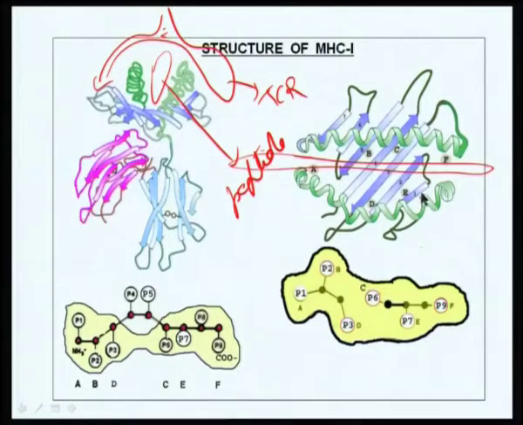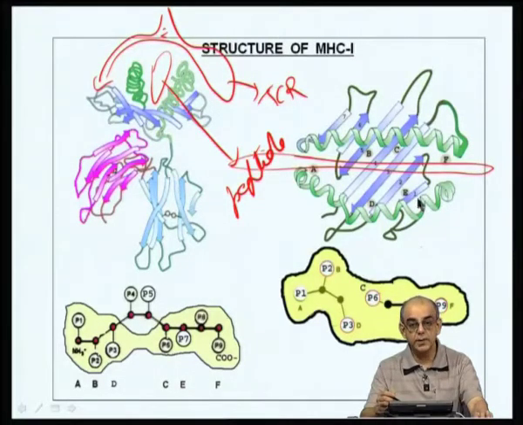In other words, the peptides that are binding to the class 1 or the class 2 groove can be derived from non-self antigens or foreign antigens or pathogens that are infecting, as well as those that are self proteins within that particular cell.